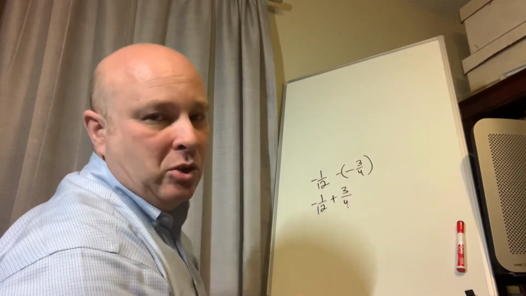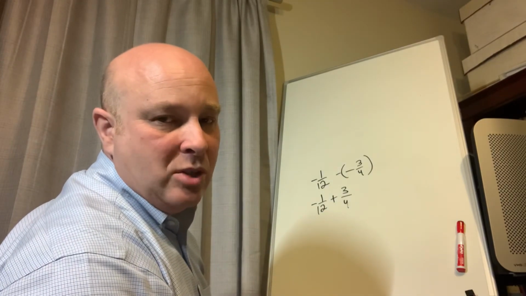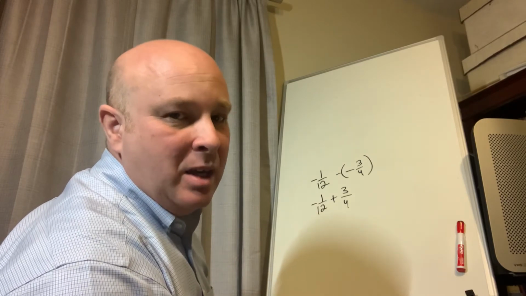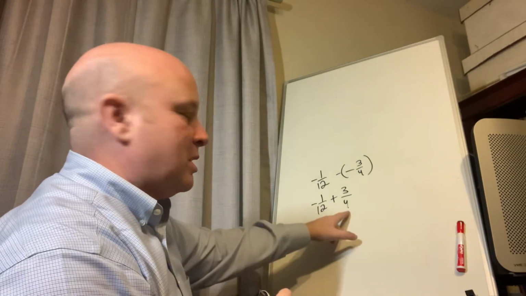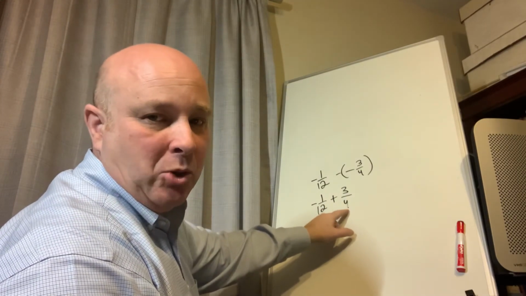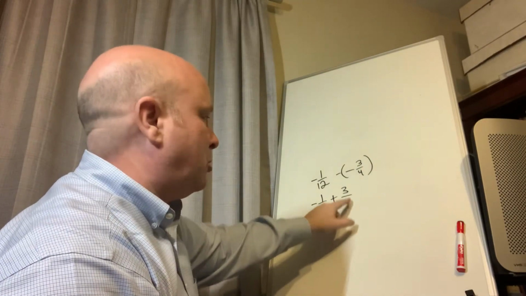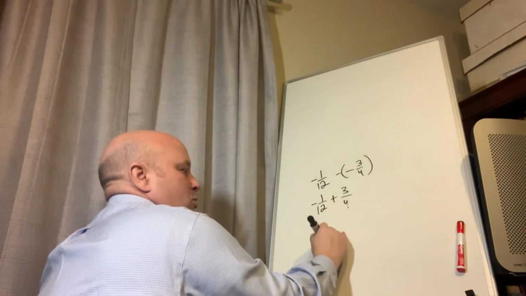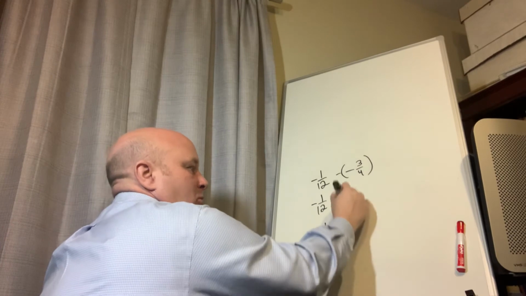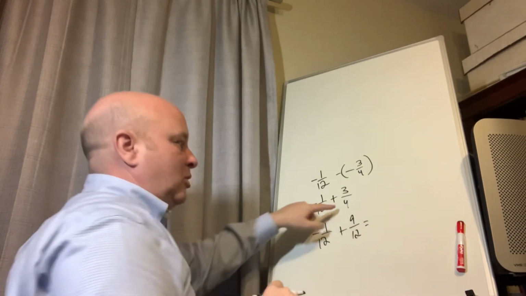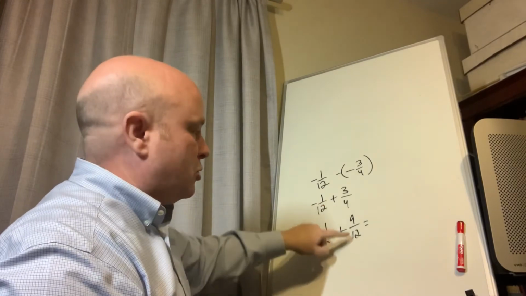Now, for me to add two fractions, if I'm adding or subtracting fractions, they must have the same denominator. So I'm going to change this to 12ths by multiplying it times 3. If I multiply the bottom times 3, I've got to multiply the top times 3. So I have a negative 1 over 12 plus 9 over 12.